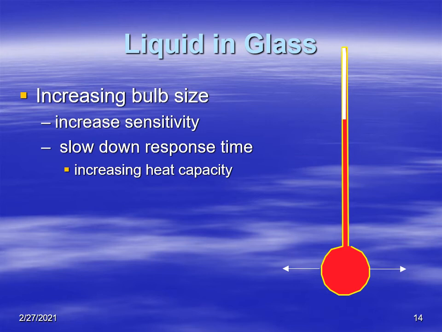You'll have a big change in the height of the fluid for a small change in temperature. However, the bigger the bulb, the more mass there is, and mass takes longer to heat up. So that will slow down the response time. So increasing the size of the bulb increases the sensitivity but slows down the time response.